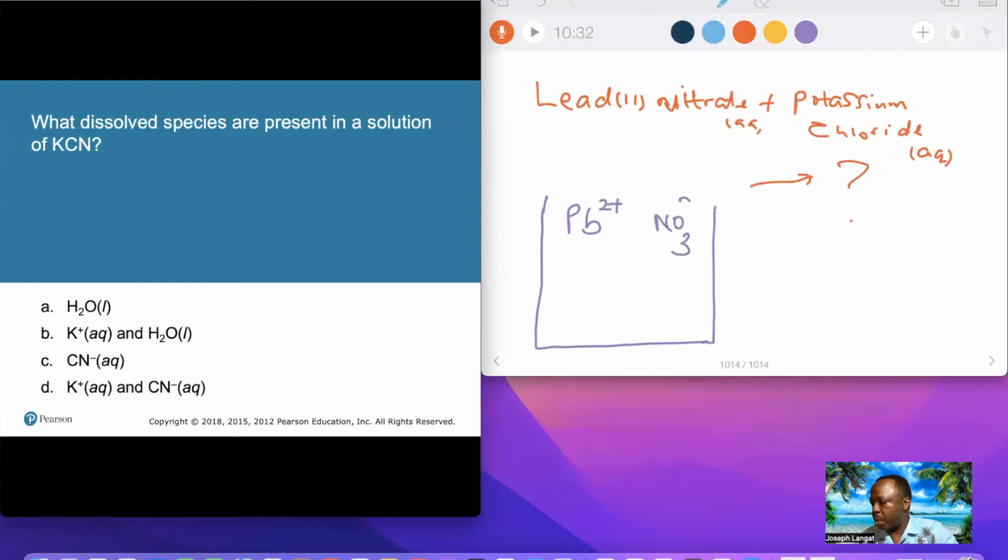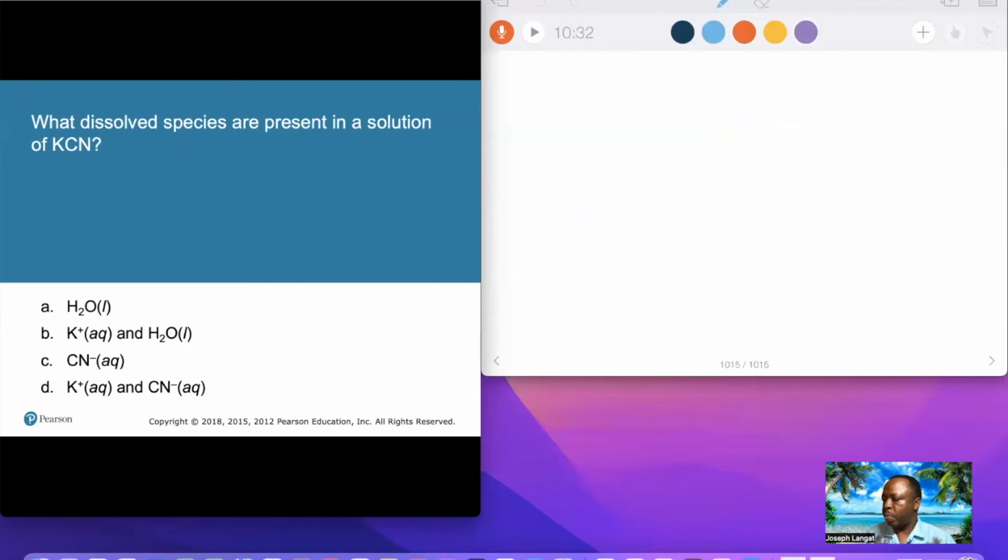Forget about the balancing, that is going to be in the next equation. Pb(NO3)2 aqueous plus KCl aqueous. We want to know the product on that side.